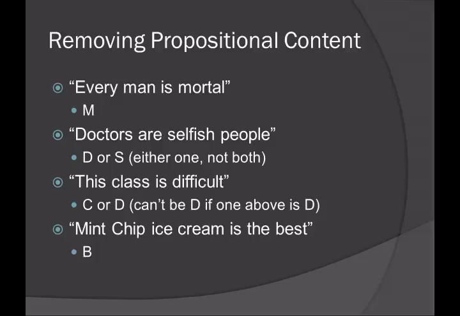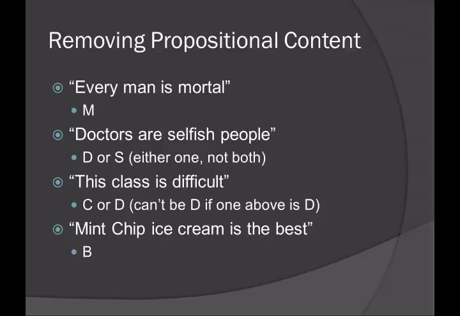And here's what's important. If the claim above it, doctors are selfish people, occurs in an argument with the claim this class is difficult, and you elected to have D in the one above stand for doctors are selfish people, then you cannot use D a second time for this class is difficult.